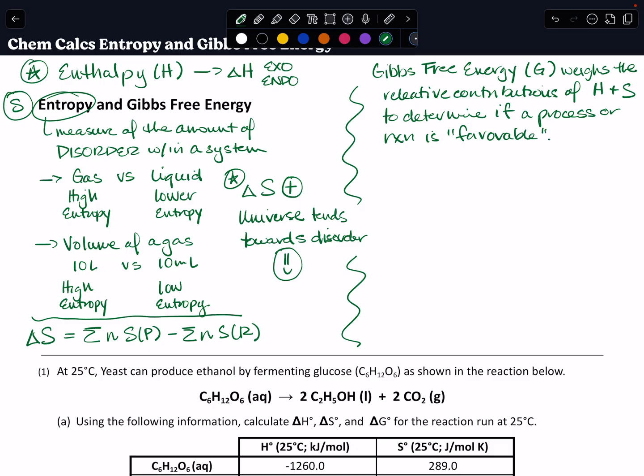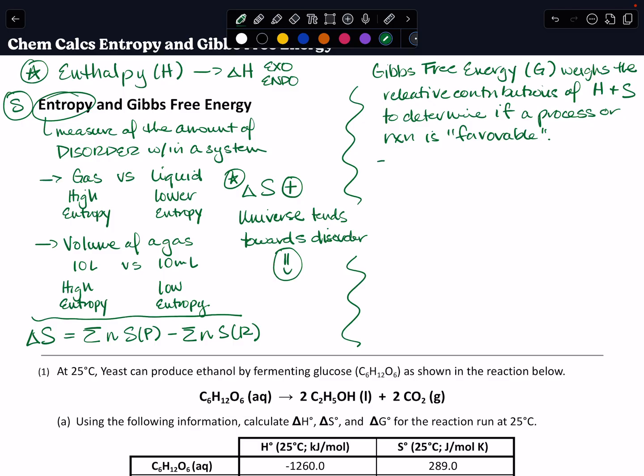All right, and favorable means will happen, probably. We're going to see there are some exceptions. You can have a favorable Gibbs free energy and the reaction still doesn't happen because the kinetics control that, but that's a different story. We'll deal with that later.